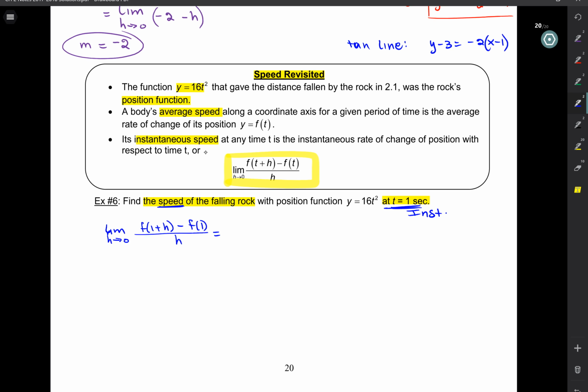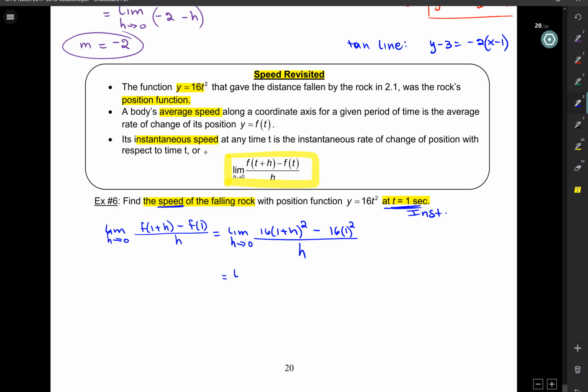Okay, so now here we're going to have the limit as h approaches 0 of f of 1 plus h, that's 16 times (1 plus h) squared, minus f of 1, 16 times 1 squared. Okay, you can put the parentheses or you don't have to put the parentheses, they're the same, over h.